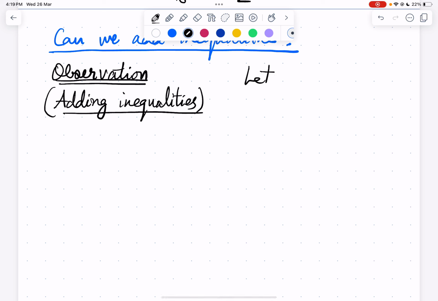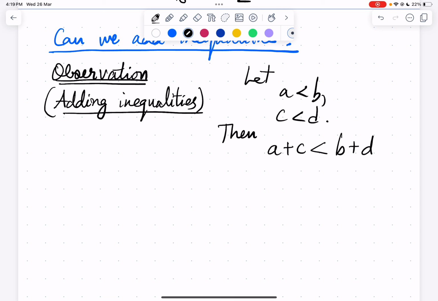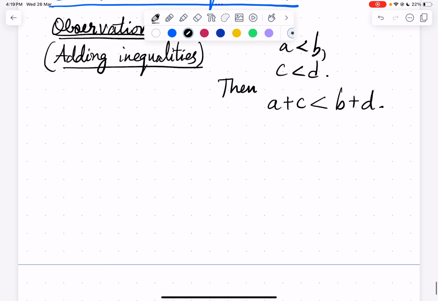Let A be less than B and let C be less than D. Then we can add them, so to speak, and get A plus C is less than B plus D. The sum of the left hand sides is less than the sum of the right hand sides. We can add A less than B and C less than D to get A plus C is less than B plus D. So in a sense, we can add inequalities.